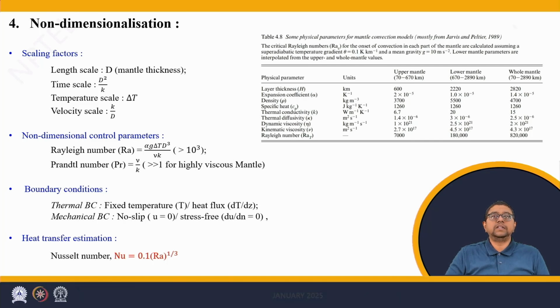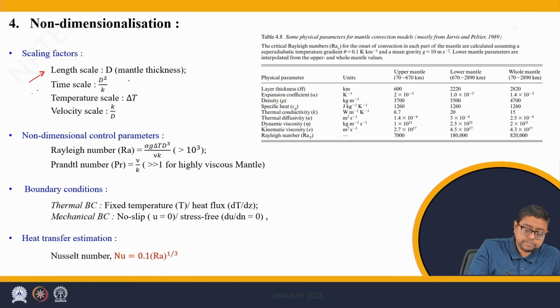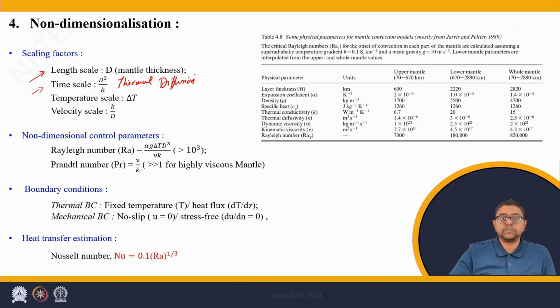For example, the length scale is given by d, that is the thickness of the mantle. The time scale is given by the thermal diffusion time scale. The temperature is scaled by delta T, which is the temperature difference across the mantle. The velocity scale is given by kappa by d.